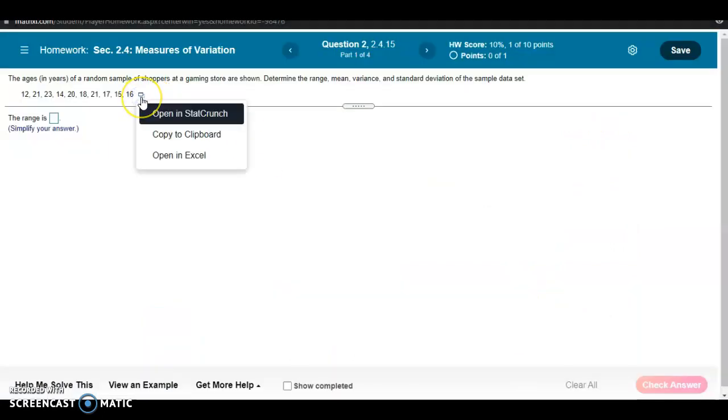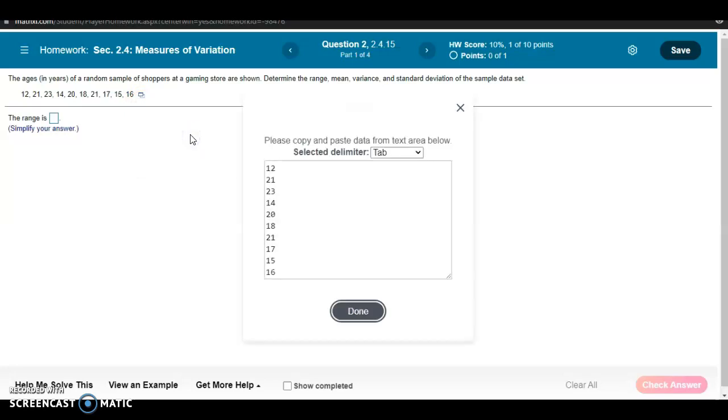You're going to click on the little icon to the right of the data set to copy the table. You can either open it in StatCrunch, or you can copy the data. With the data highlighted, hit Control C or Command C to copy it.